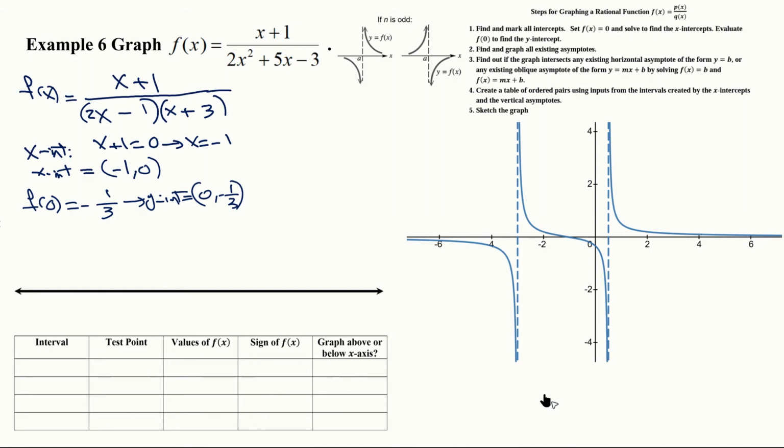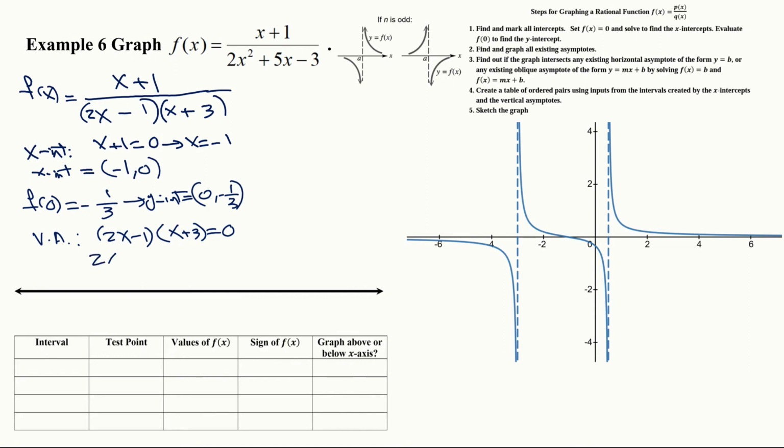All right. So what about the vertical asymptote? For the vertical asymptotes, we're going to set the denominator function, the bottom function, q of x equal to 0. I'll just put the factored form equals 0 because it's so much easier to solve.